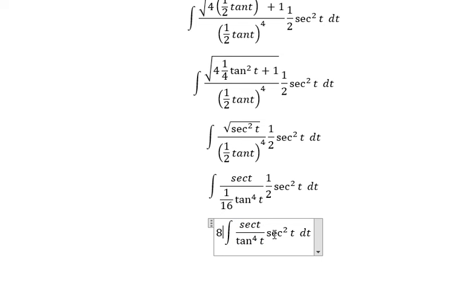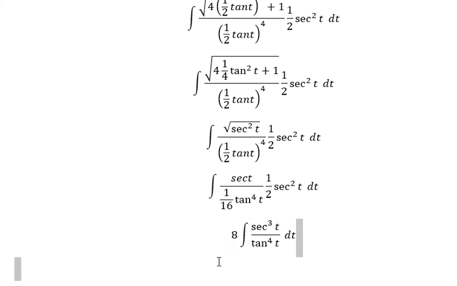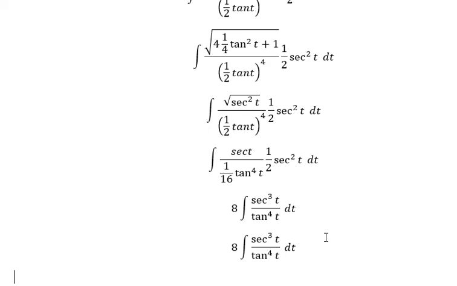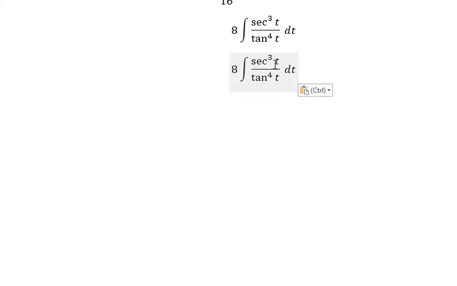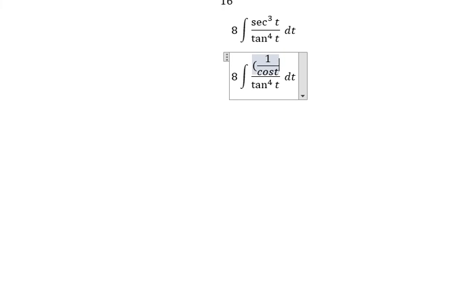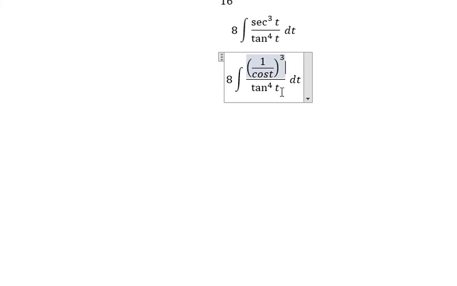Secant of t with secant of t squared, we have secant of t to the power of 3. Now we know that secant of t is 1 over cosine t. Now we have the power 3 in here.